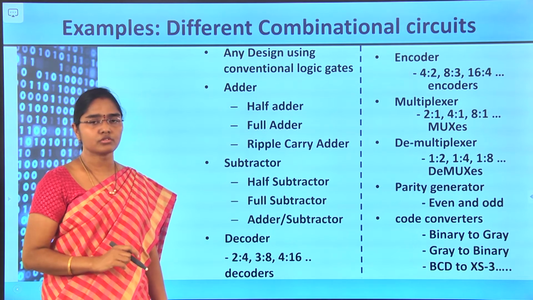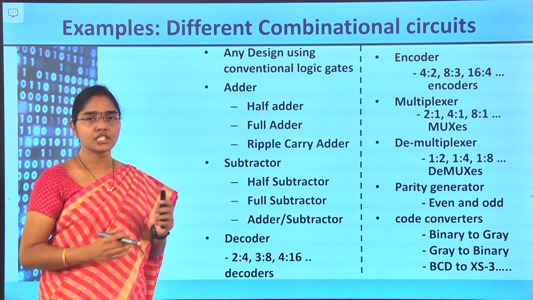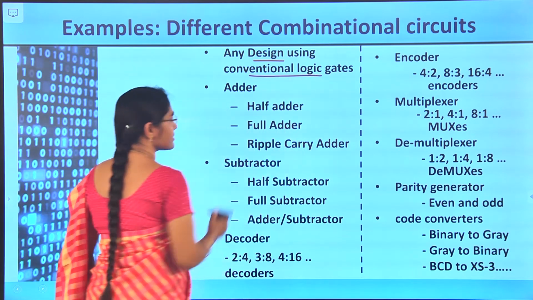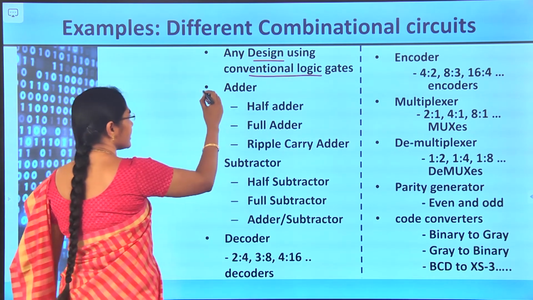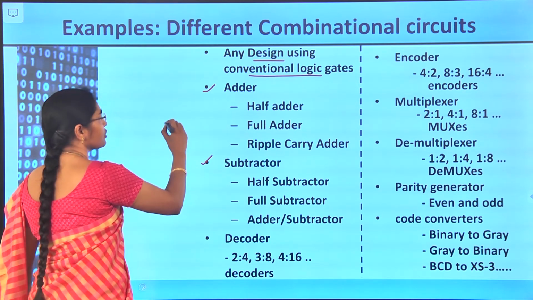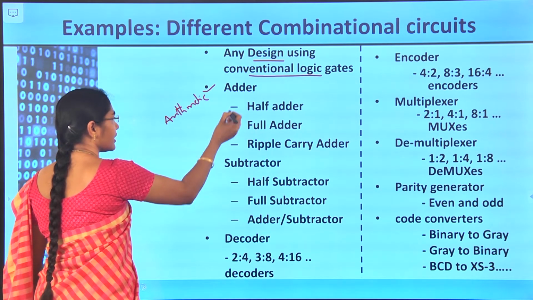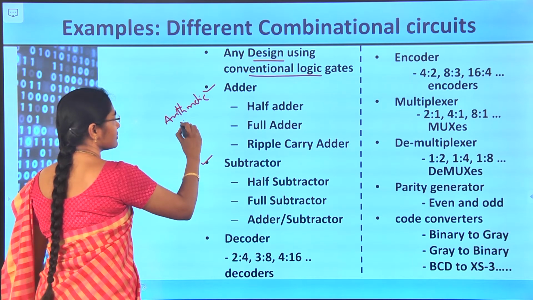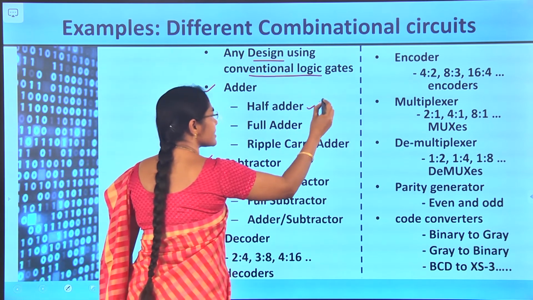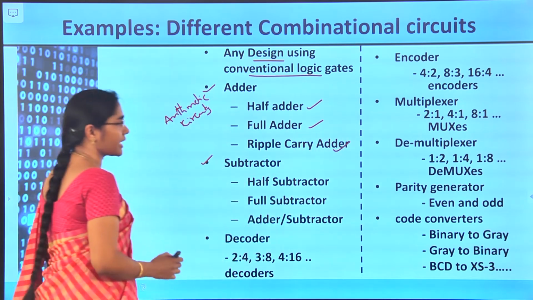Example circuits for the combinational logic design which we are going to study in this unit. We start with design using conventional logic gates, and then adders and subtractors, which are the arithmetic circuits. In these adders, we will study different types: half adder, full adder and ripple carry adder.